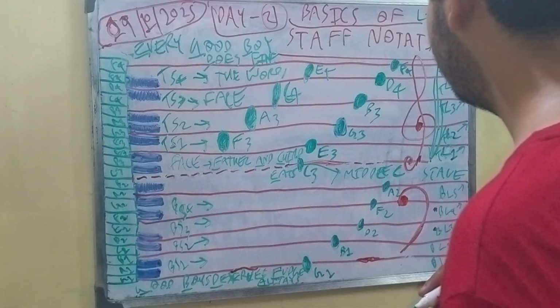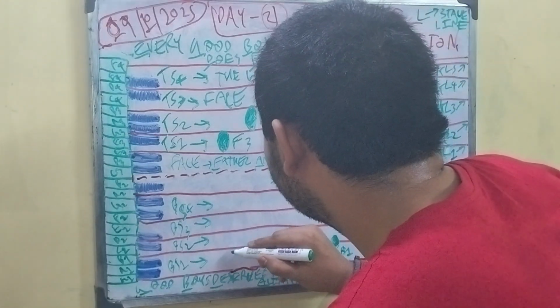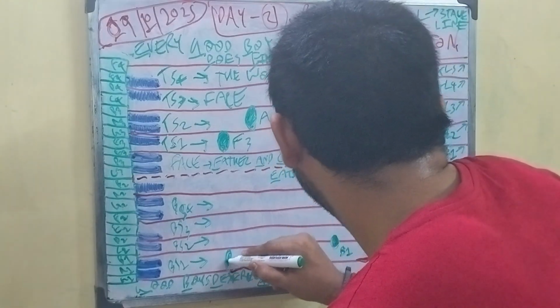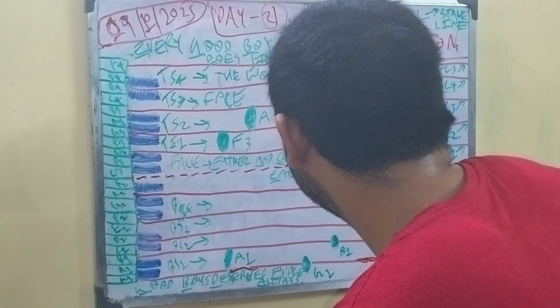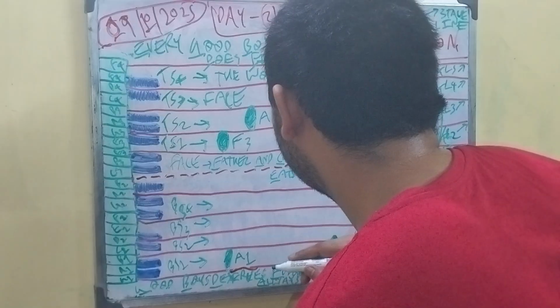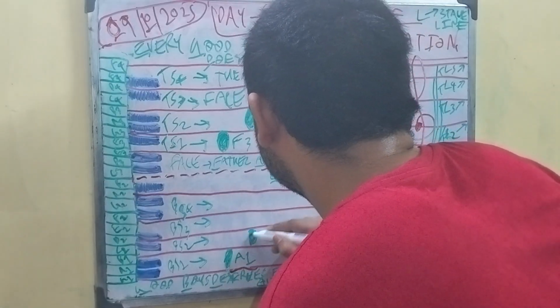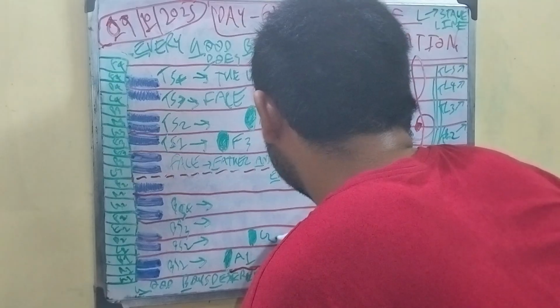Similarly, now comes the spaces. Bass space 1. Between G and B there is an A, in the first octave, so A1. After A plus 2 is equal to C, but the octave changes, C2. Also between B and D there is a C, so C2.